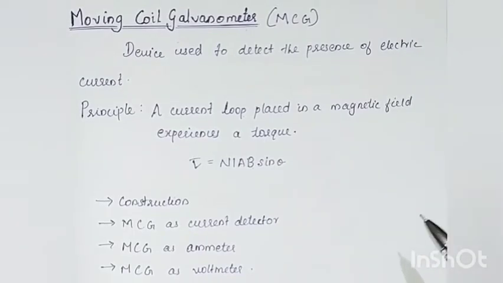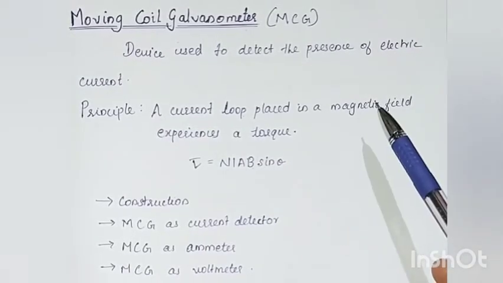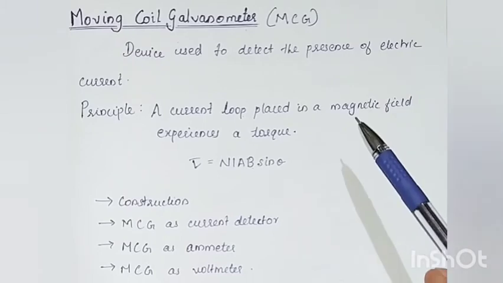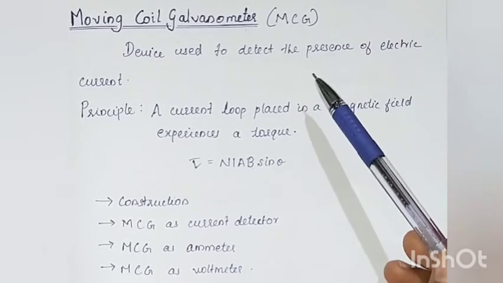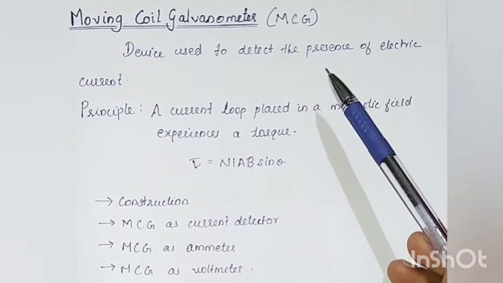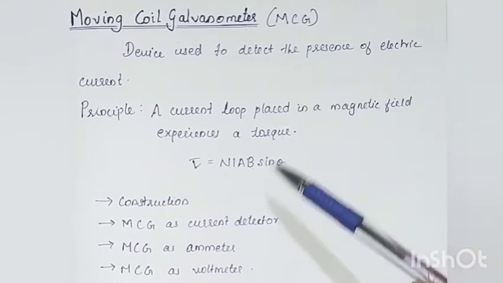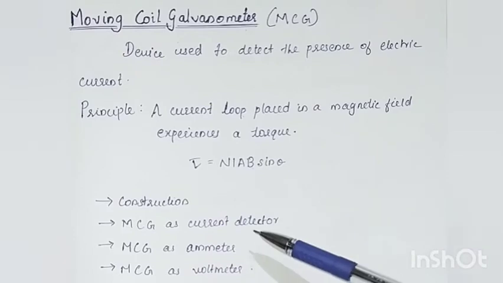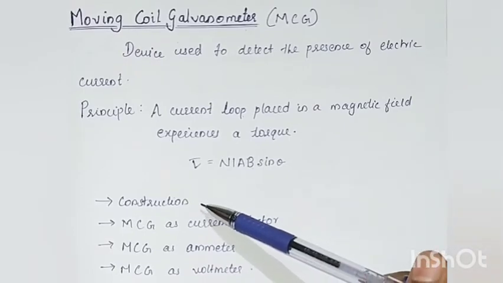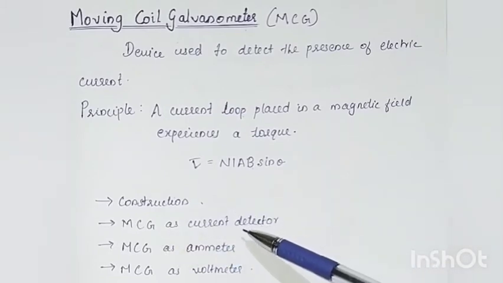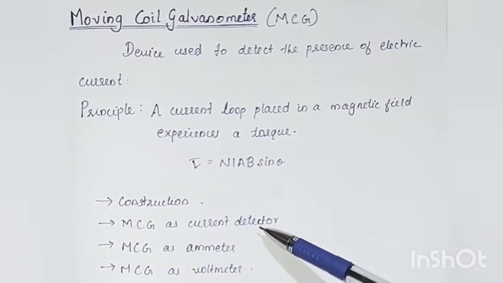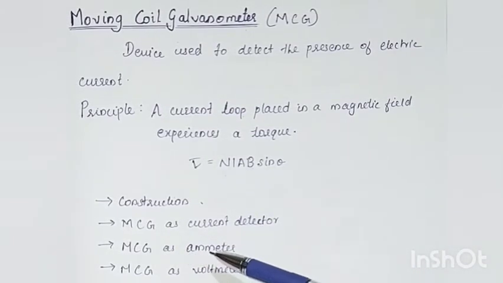We know that a galvanometer is mainly used as a current detector, but based on the requirements we can even use the same device, by making certain changes, as an ammeter or as a voltmeter. So under this topic we are going to see the construction of the galvanometer, how the moving coil galvanometer acts as a current detector, and how it functions as an ammeter and a voltmeter as well.